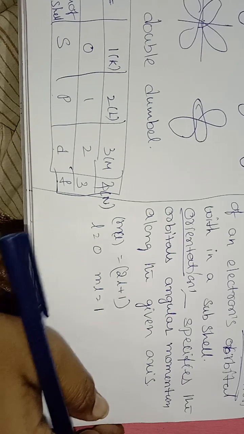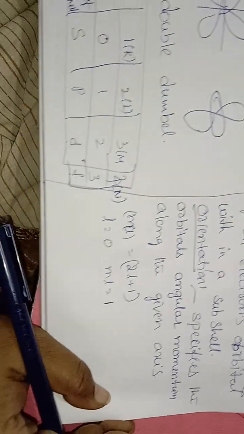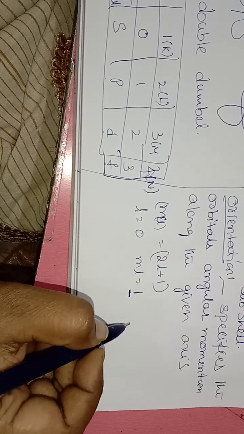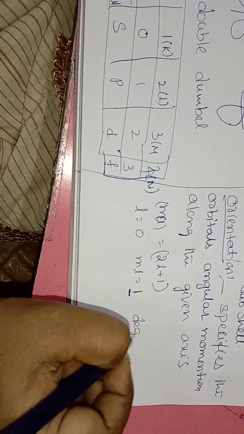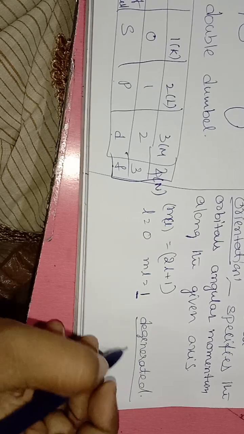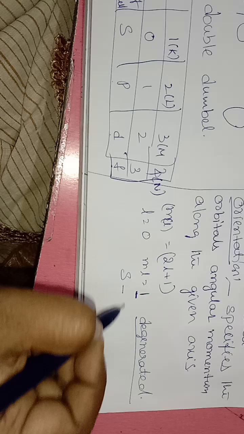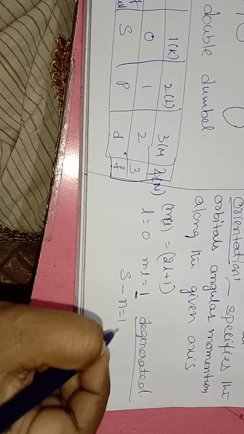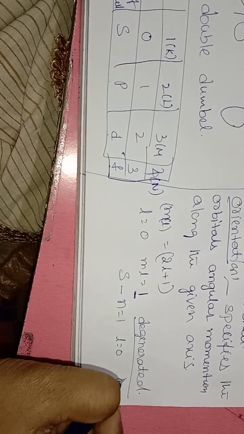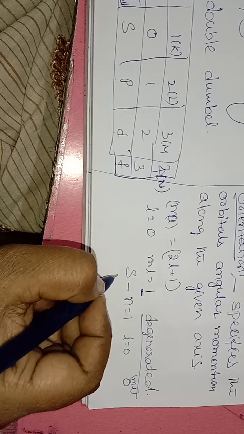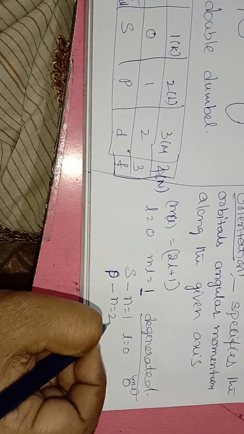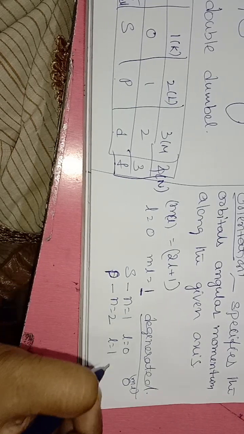It gives information about assigning values to the degenerate orbitals. What does degenerate mean? Suppose the s orbital: we have only one shape. So n equals 1, L equals 0, and the ml value will be 0 only. Next, P: n equals 2, L value will be 1.